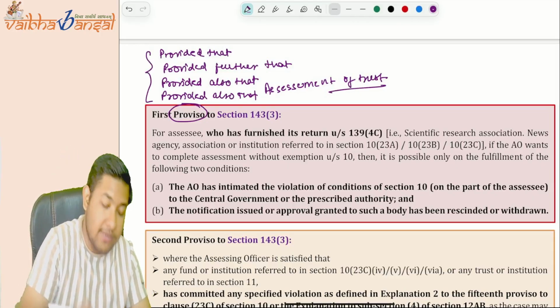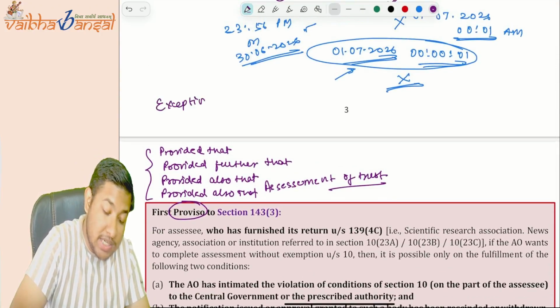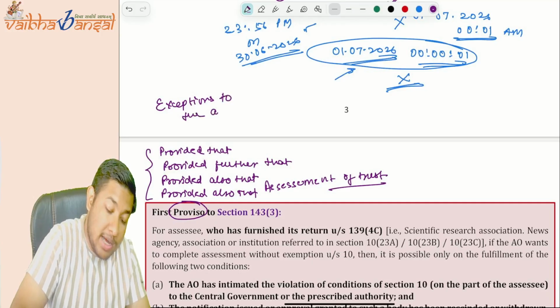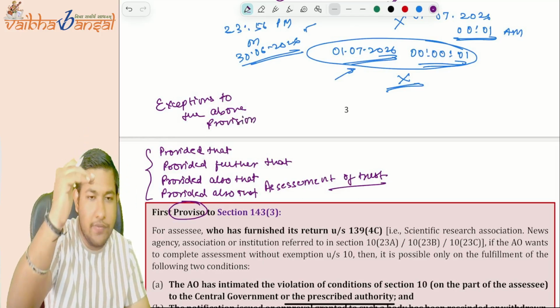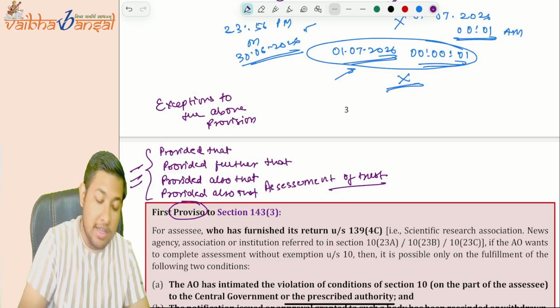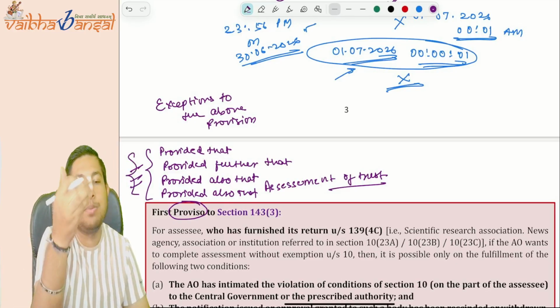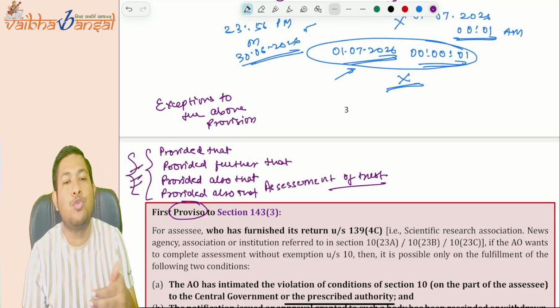See, these are the exceptions to the above provisions, to whatever the section is that is written above. Whatever the section is written, these will be an exception to that particular provision. That is why it is known as a proviso.